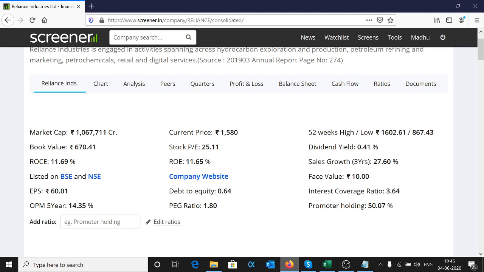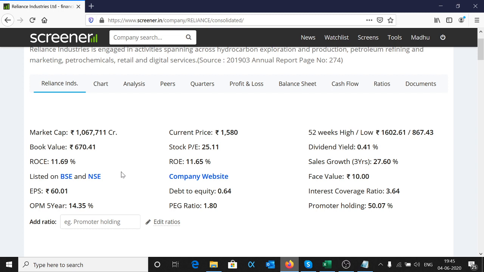You can see here the current price is 1580, so take 1600 by 700. This is around 2 point something, so it comes under fair value. Based on the current price and book value, Reliance Industries is now trading at a fair value only. It's a decent price as per its valuation.